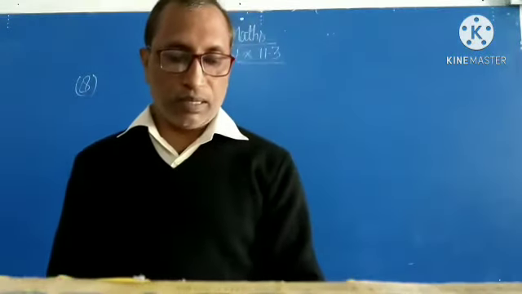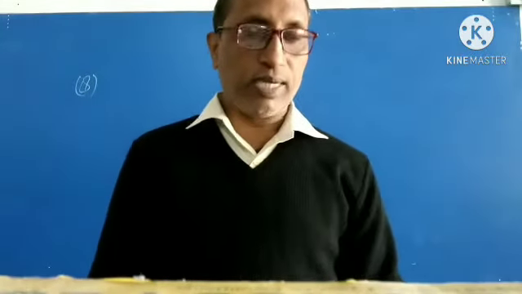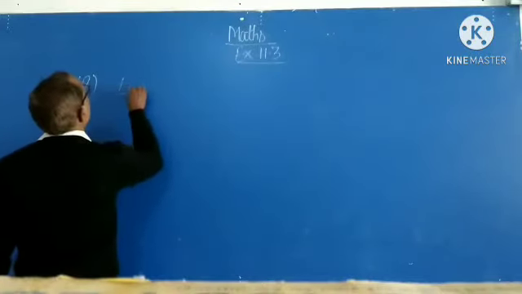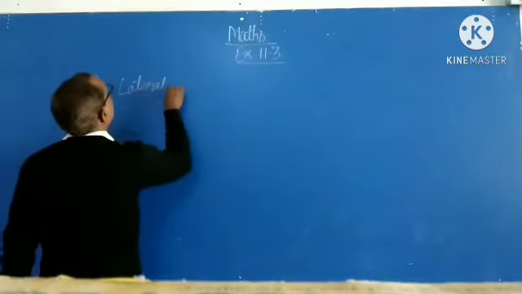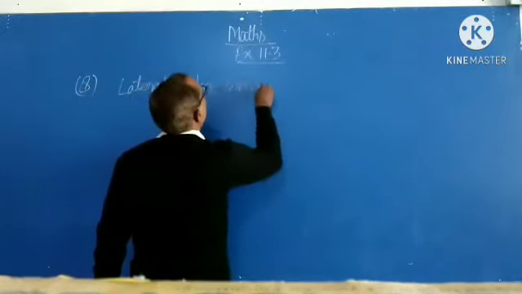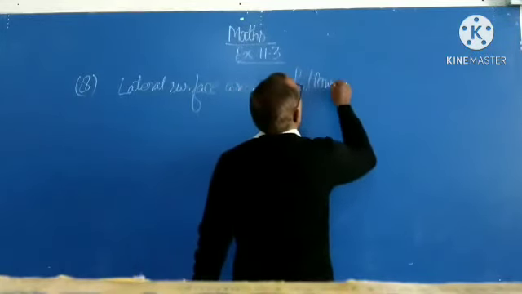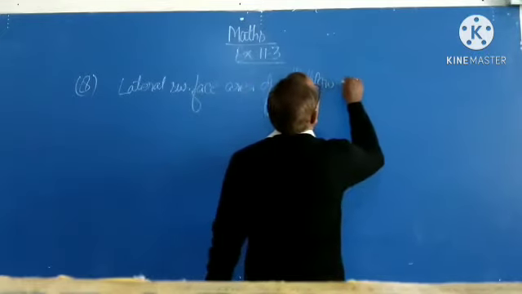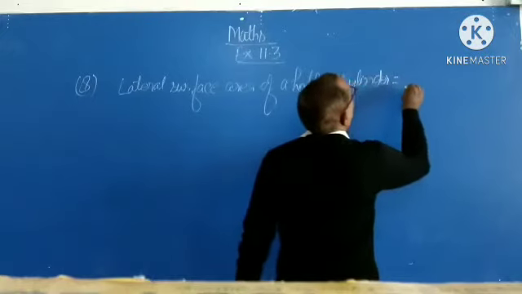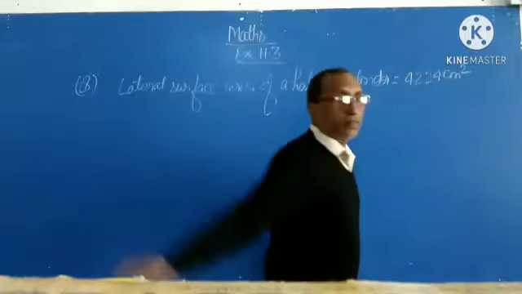Then you write down lateral surface area of a hollow cylinder is equal to 4224 centimeter square.